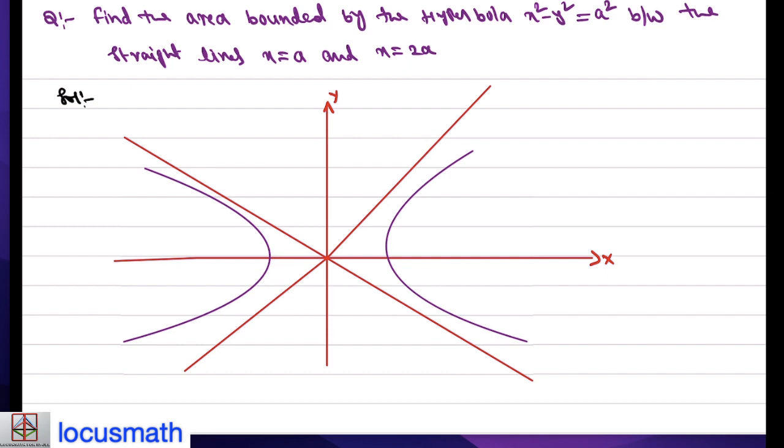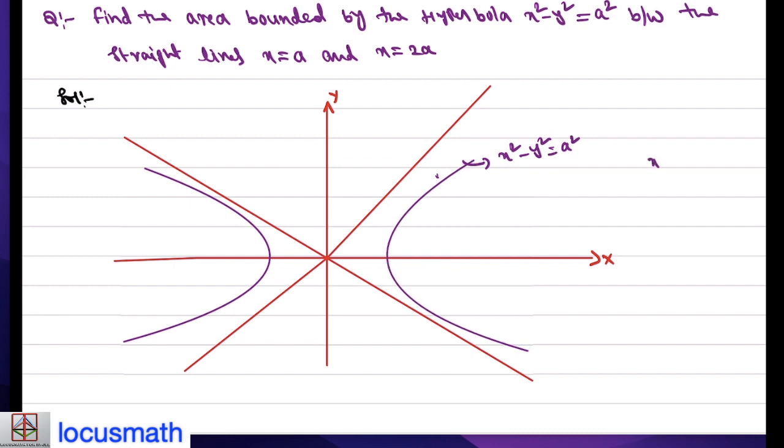So now the question is, the area bounded by this hyperbola x square minus y square equal to a square, and between the lines x equal to a and x equal to 2a. So what is x equal to a here?